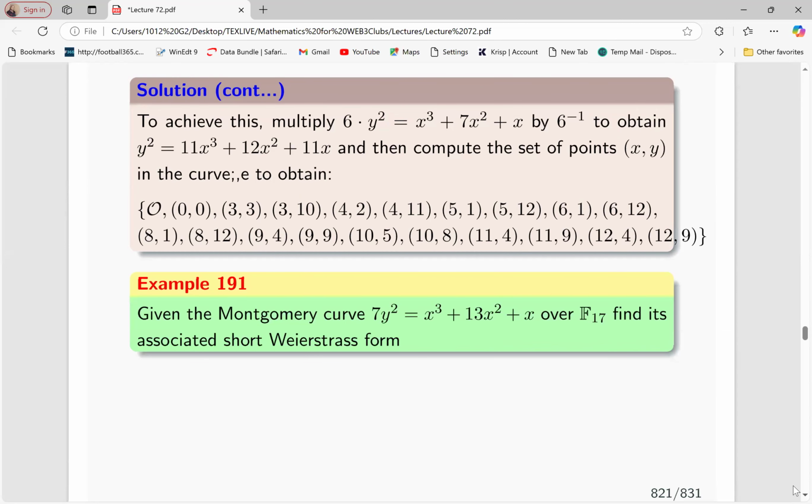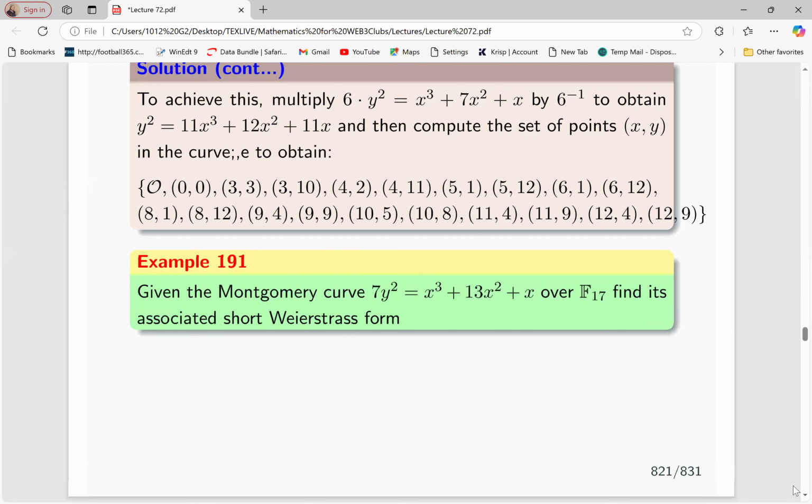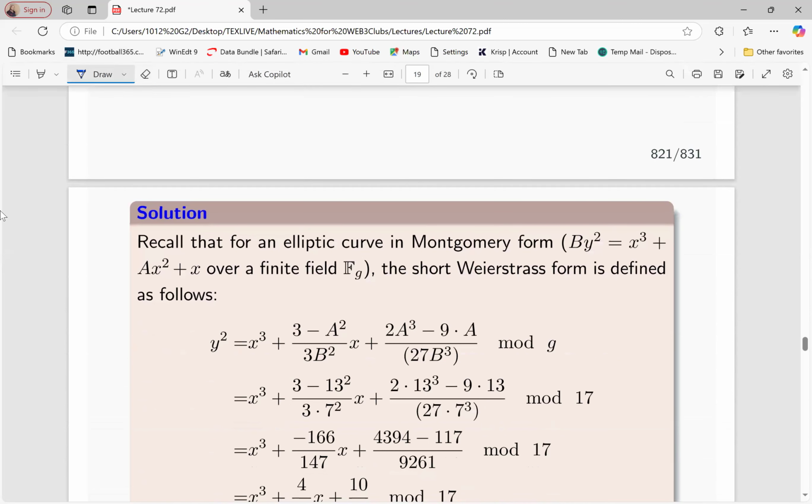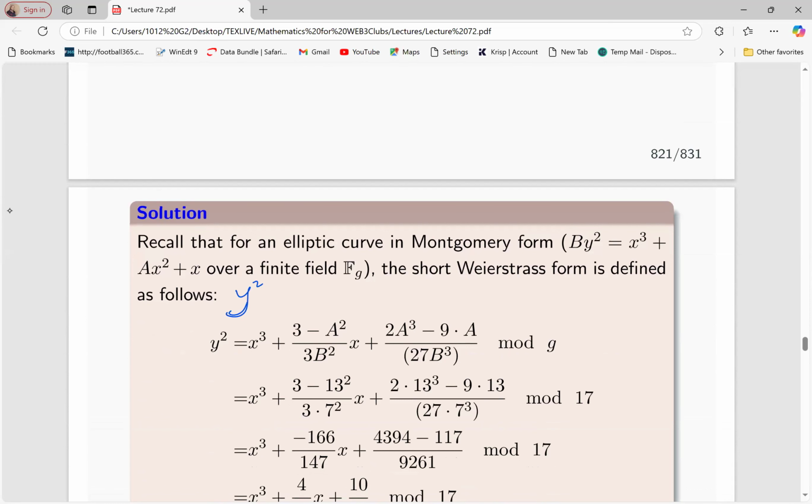Now, converting Montgomery to short Weierstrass is very easy. Given a formula, and our formula was this. You see, we have the Montgomery, and what we want is the short Weierstrass, which is the equation x cubed plus ax plus b. So our A is equal to that, and our B is equal to this.